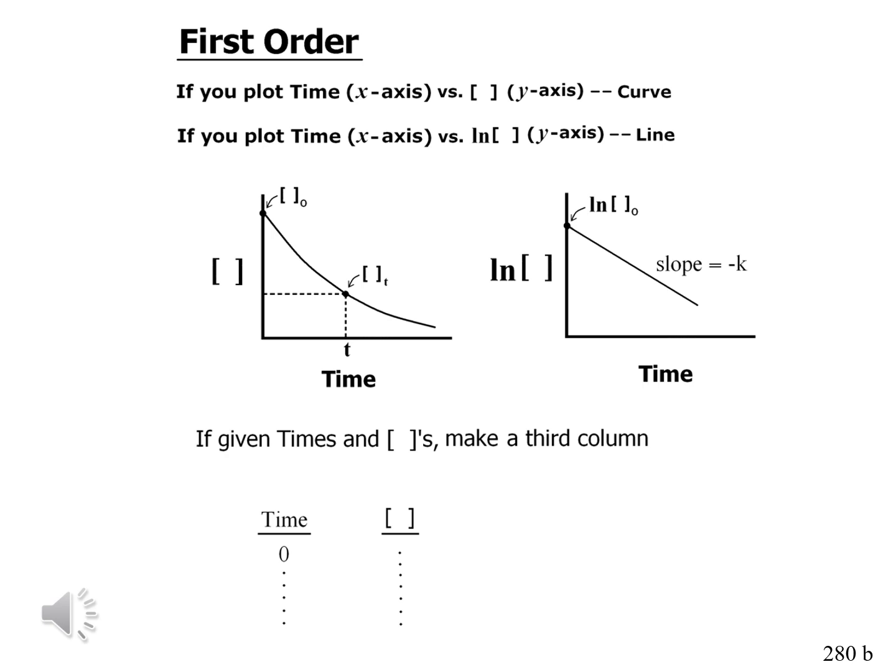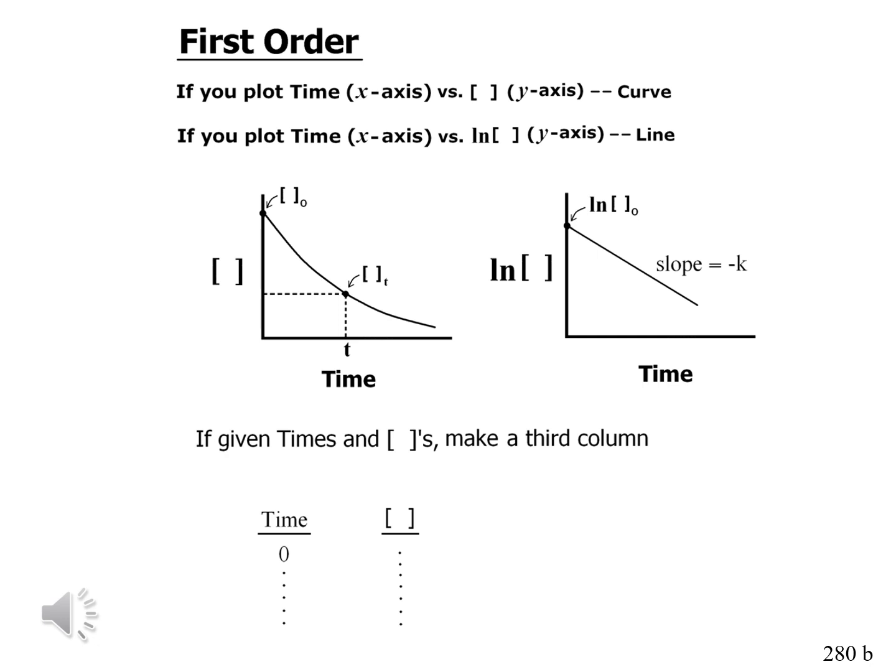The point is that if you plot the time versus the concentration, you'll always get a curve. But if instead you plot time versus the ln of the concentration, you get a straight line. This is what's called linear regression in algebra, turning a curve into a line, because computers can analyze lines much better than they can curves. And so if you can turn a curve into a line, it's advantageous to do it.